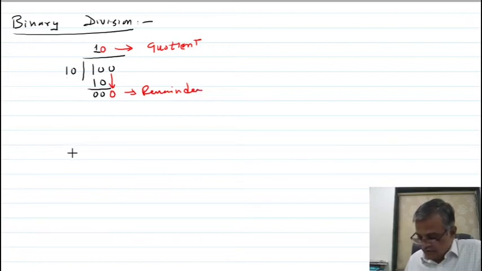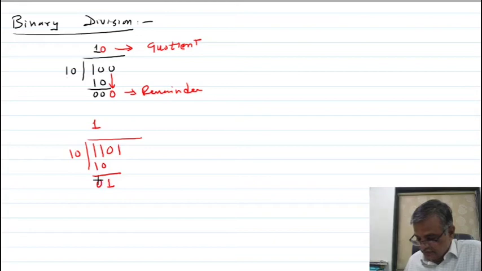So I am doing the subtraction like this, by division in this way. This is your 1 0, I am taking down. This is again 10, so it is 0. Now I will take this down.